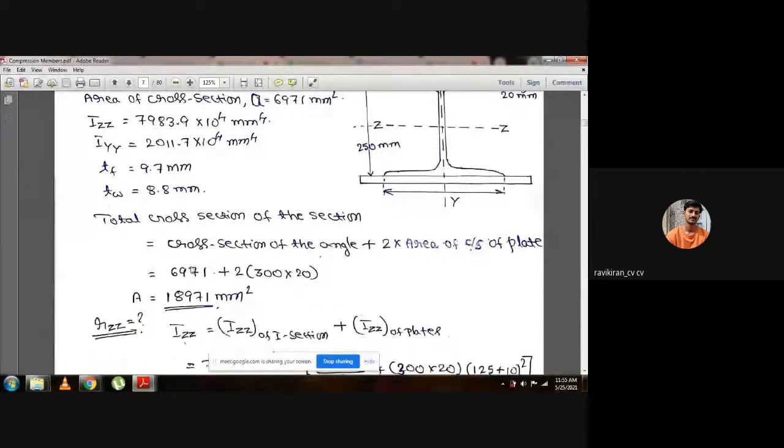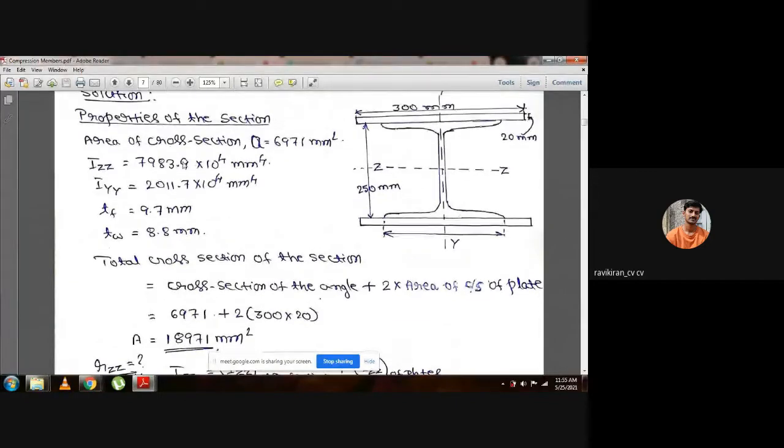Initially, what you need to do here is, you have written only the area for the I section from the steel table, but additional plates are there, right? So you need to calculate the overall area including the plate area. For that, we take the cross section of the I section plus 2 times the area of cross section of the plates, because 2 plates are there.